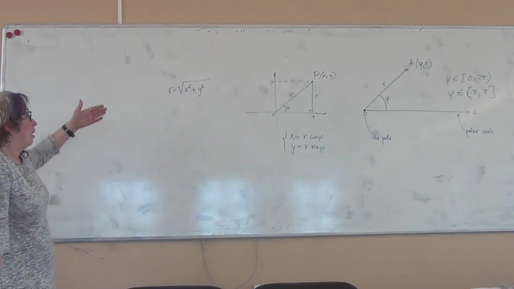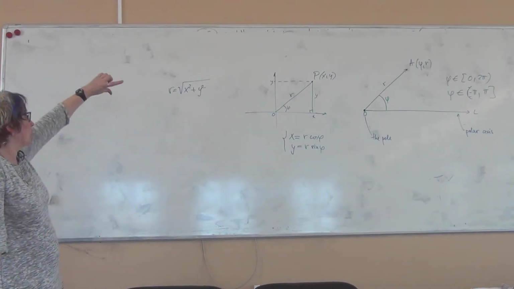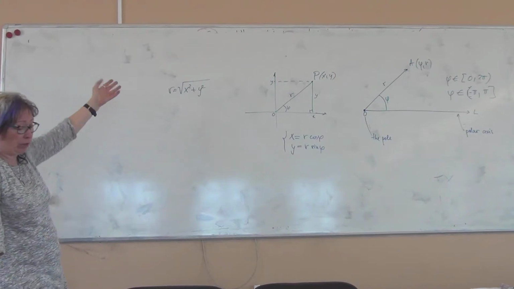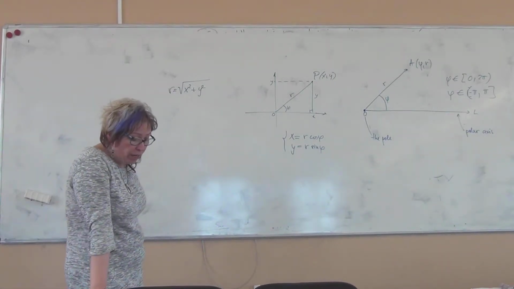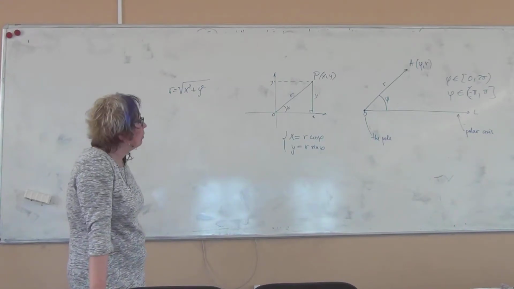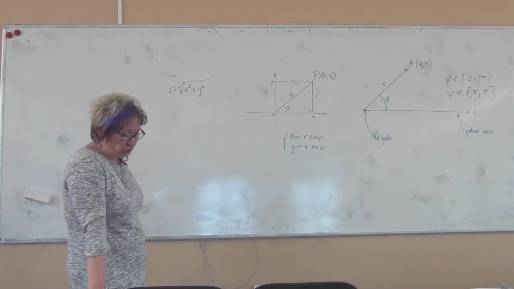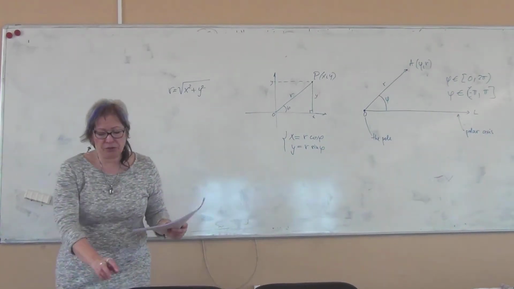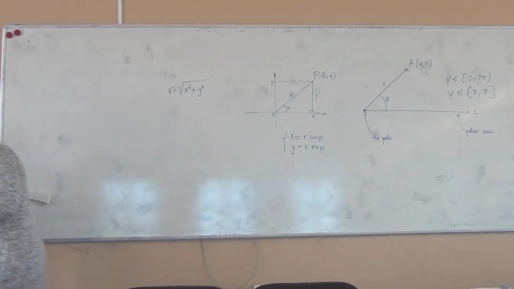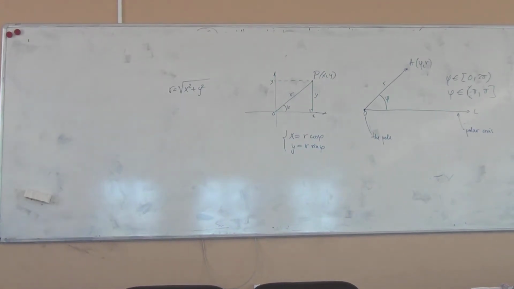So the radius vector, the distance R is just this, the polar radius.